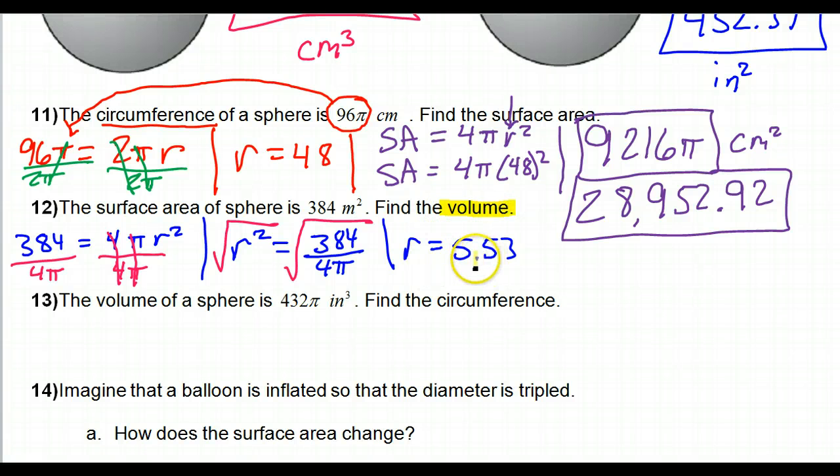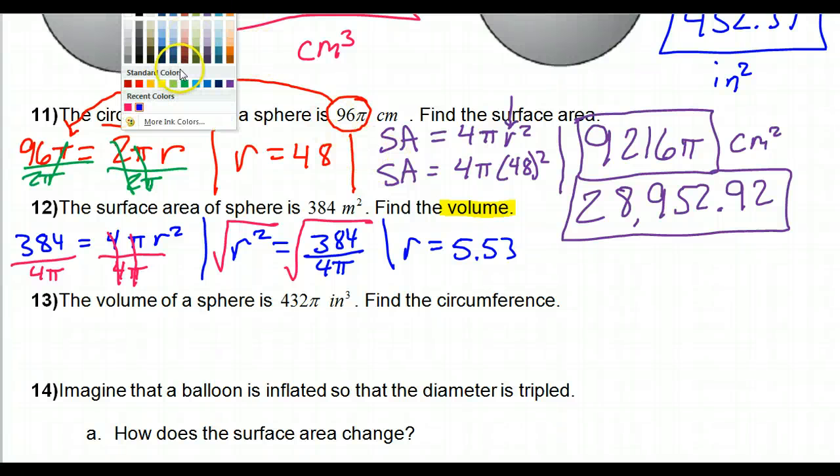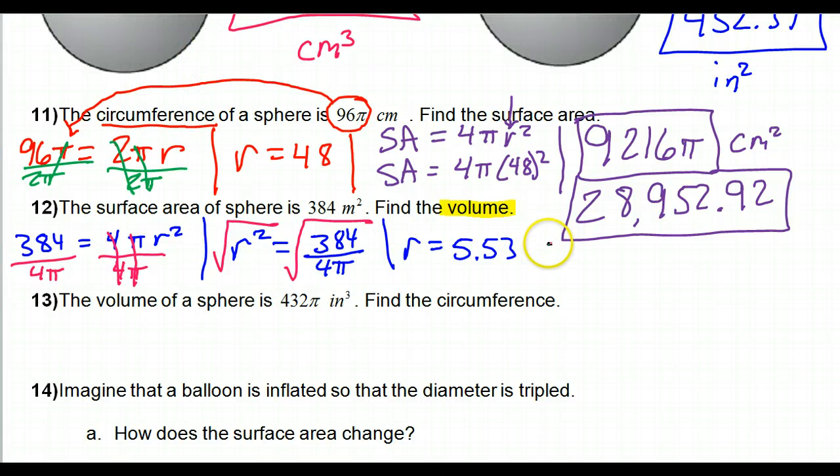So I'm going to take this radius and substitute it into the volume formula. So you know that the volume formula is, I feel like I should switch colors again. Let me do green this time. The volume formula is 4/3 pi times the radius cubed.